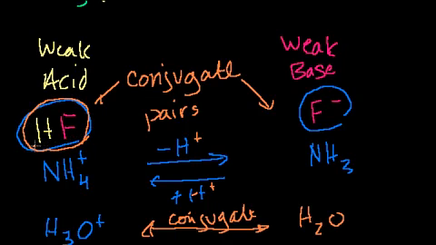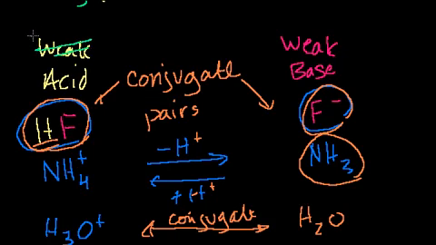You get rid of a hydrogen, and it's just this fluorine anion. If you said, I have some ammonia, as a base, what is its conjugate acid? You add a hydrogen proton to it, and you get ammonium.